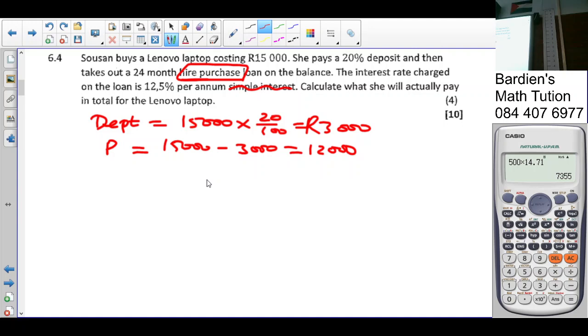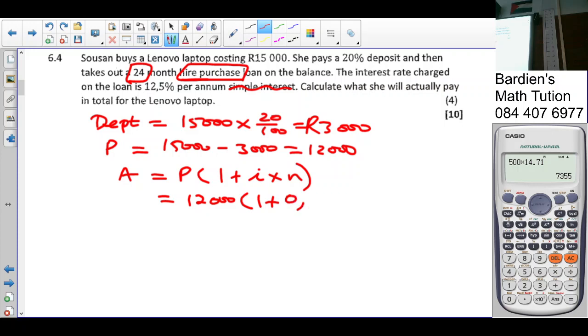So hire purchase, simple interest, 24 months is how many years? 2 years. So your simple interest formula, A is equal to P times (1 plus i times n). Your P value is 12,000 rand times (1 plus 0.125 times 2 years), which gives us what?